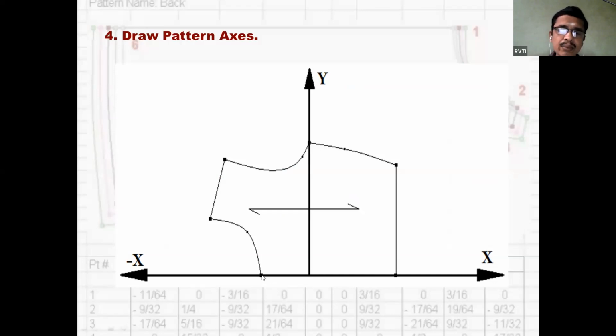Here I am applying some increment, so this direction is plus. For this point, it should move in this direction for shoulder measurement, because the shoulder measurement increases from one size to another.